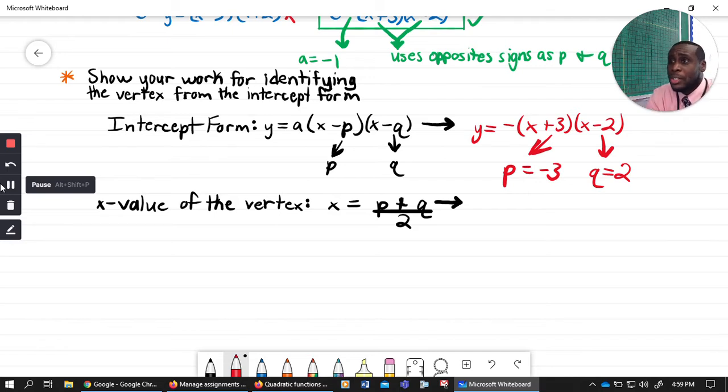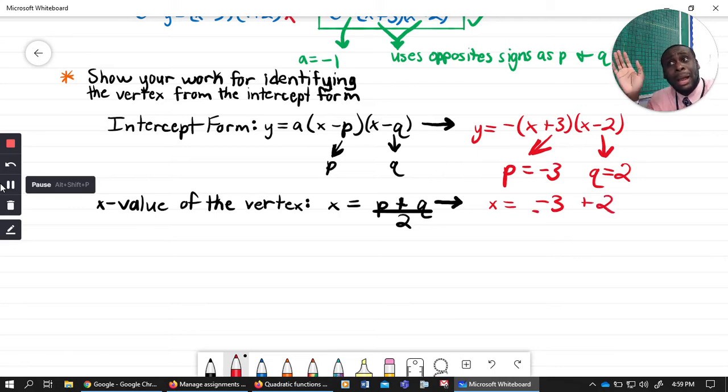All right, so let's use that formula for finding the x value of the vertex. We take our p value and add it to our q value at the top here. So that's going to be -3 plus 2.